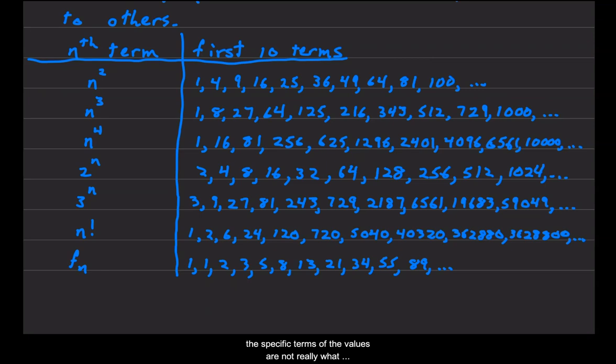The specific terms of the values are not really what we're interested in for comparison. What we're really looking to see is, with the growth of these numbers and each one along the sequence that you're comparing to it, where does it fall? Is it roughly similar to, say, n squared or n cubed, or somewhere in between?